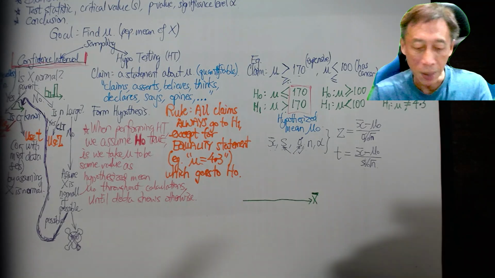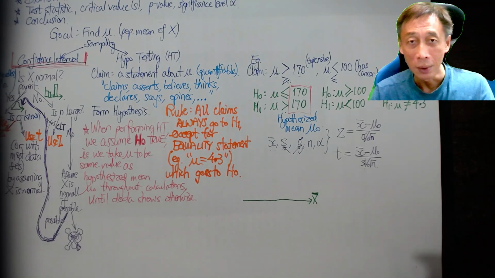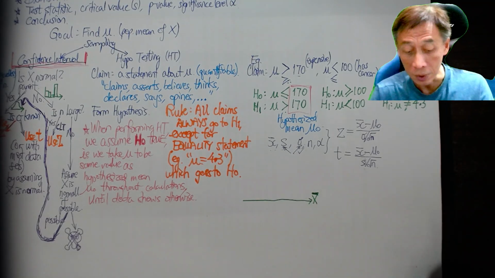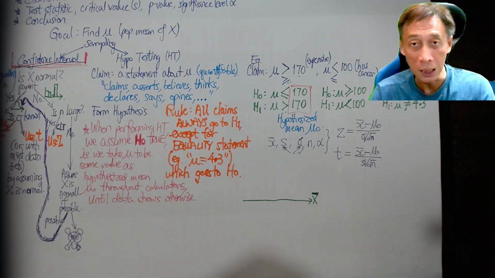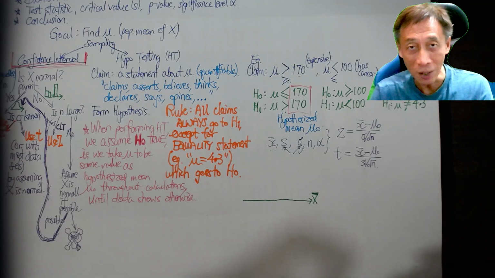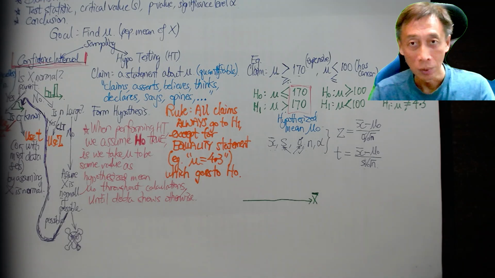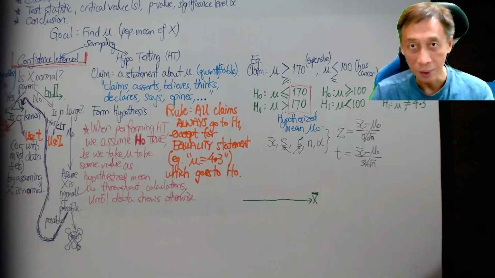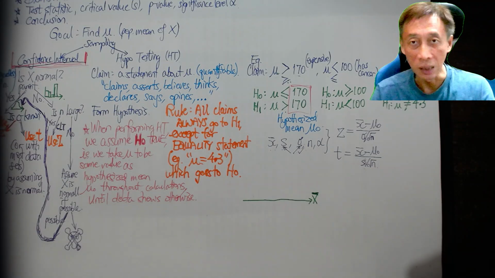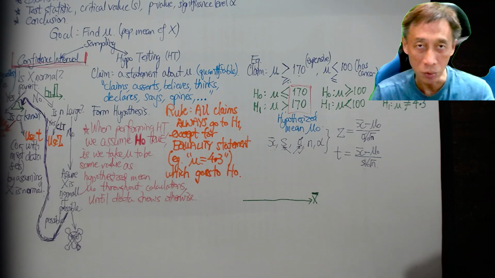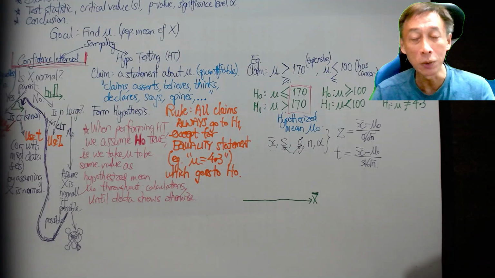That our measurements, our analysis, our conclusion in this case for hypothesis testing is always based on X bar because it's the universe that we can touch, measure, using sample size n. And then make an inference or conclusion about X itself, or more specifically about mu of X itself.